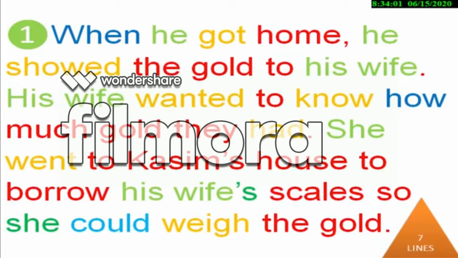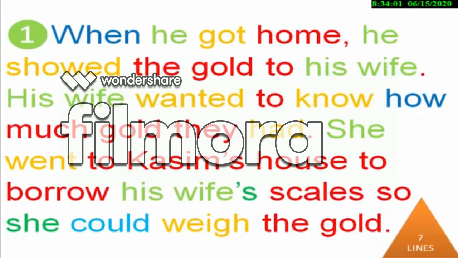His wife wanted to weigh it. أرادت زوجته أن تزنه. So see, here we have 4 lines, we can make just 2. As soon as Ali Baba went home with gold, his wife decided or wanted to weigh it.